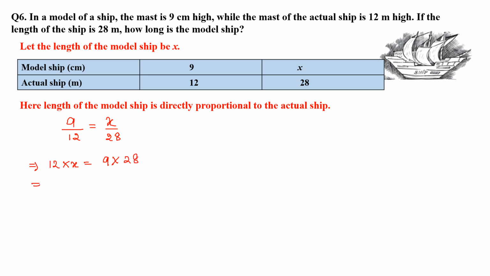So the value of x will be equal to 9 into 28 divided by 12. And let's reduce it. So 3 3s are 9, 3 4s are 12, and 4 times 7 is 28. So from here I get 3 into 7, which will give me 21 centimeter. So the length of the model ship will be 21 centimeter.